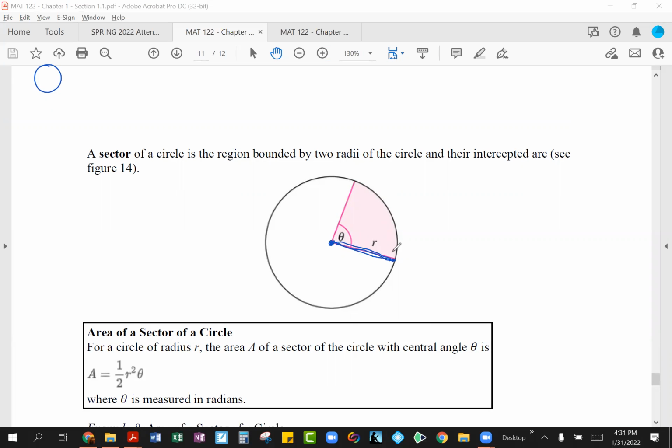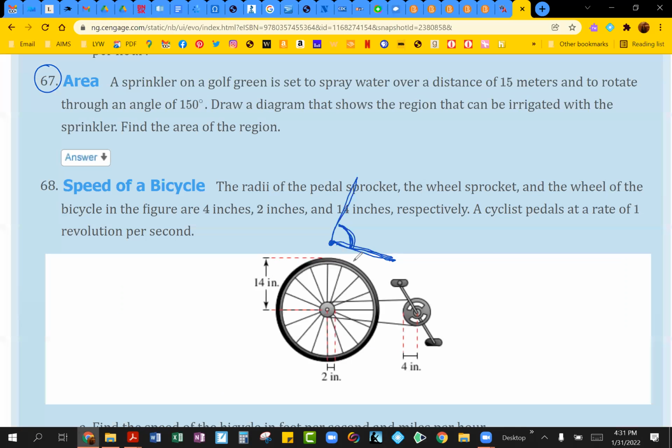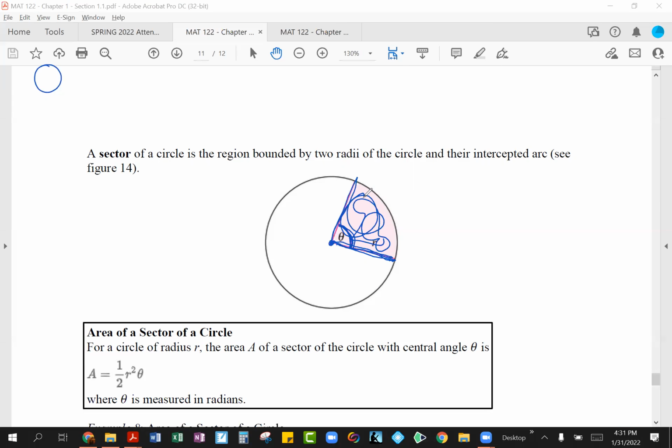Then we know how the sprinkler makes that angular motion, so it's going to go from here to here. So basically the idea is, what is this central angle going to be? They've given that to us over here, because they told us it is 150 degrees, and they're saying that the water is being sprayed over a distance of 15 meters, right? So that's going to give you your radius. They're asking us to find this area where the sprinkler is going to irrigate the water.